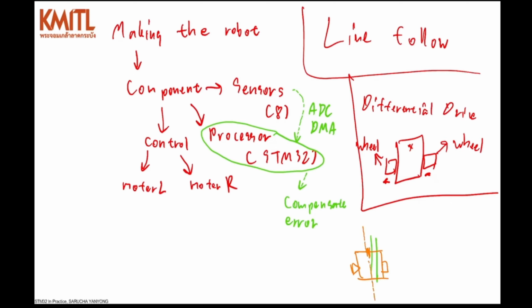You can use the infrared sensor to measure the position of the line compared with the center of the robot. The difference between this and the line we call the set point. The set point is like a target. Our target is 0 because the center is 0.